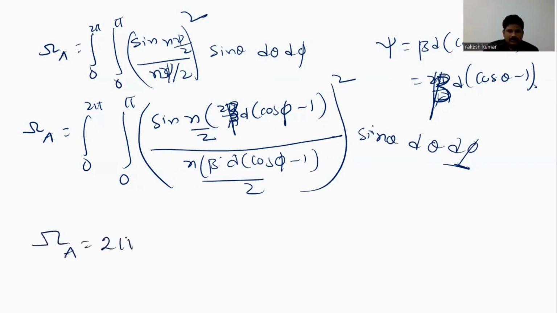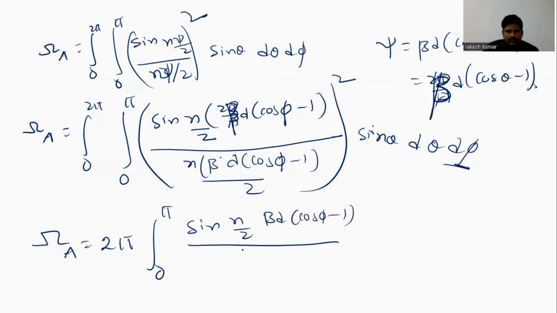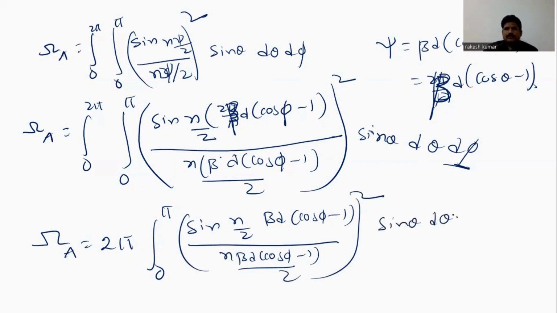So that is 2 pi into integration of 0 to pi sin of n by 2 into beta d cos psi minus 1, by n into beta d cos psi minus 1 by 2, whole square into sin theta d theta. Okay, so here we take a small thing.